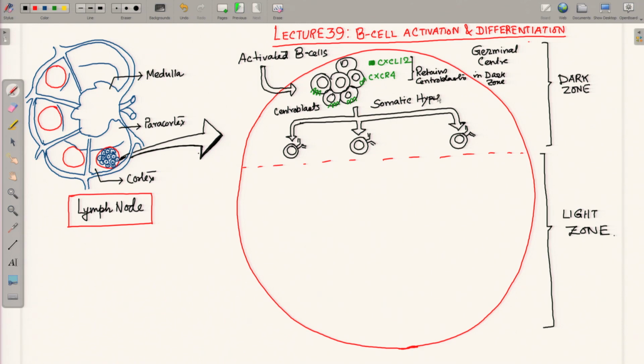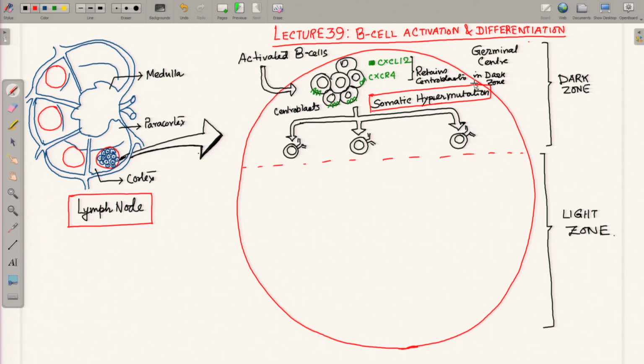During this process of somatic hypermutation, they start to develop mutations. There are mutations in the variable region.